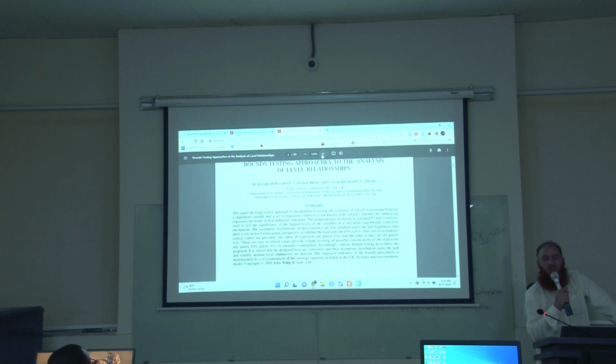ठीक? So if you are applying the test, and it falls below the lower bound, this is equivalent to acceptance of the null of no relationship regardless of the number of stationary variables in the model.